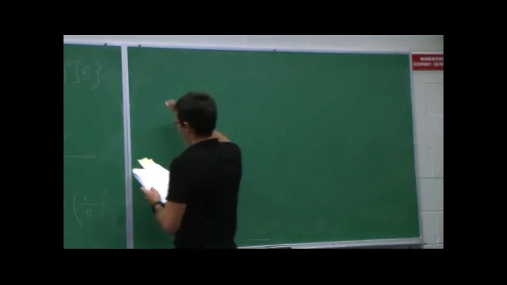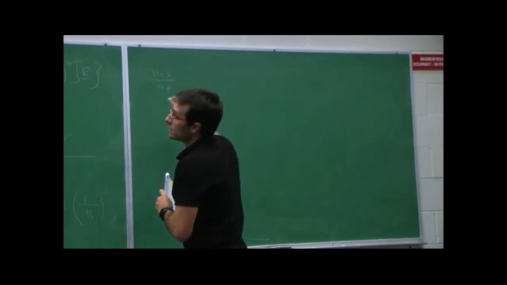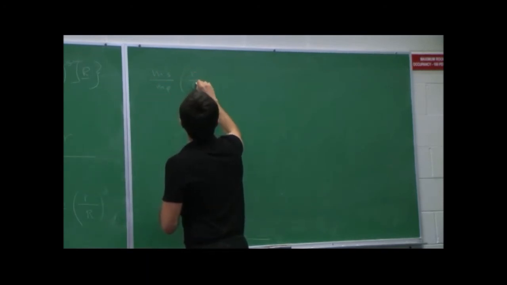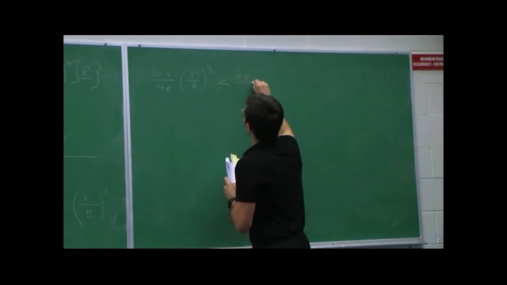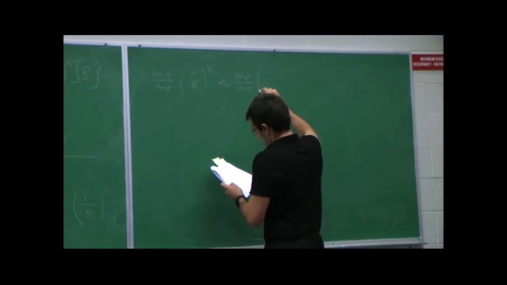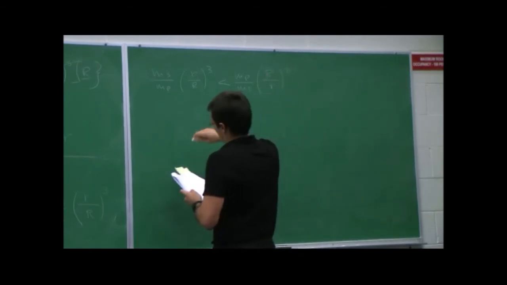All right, so I have ms over mp, little r over big R cubed has to be less than mp over ms, big R over little r squared.